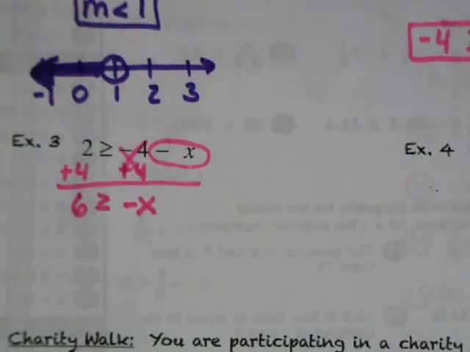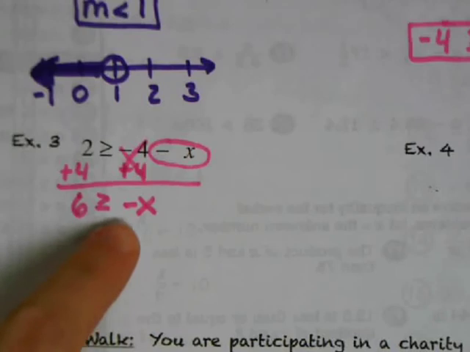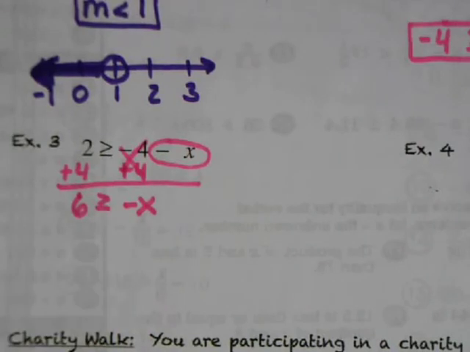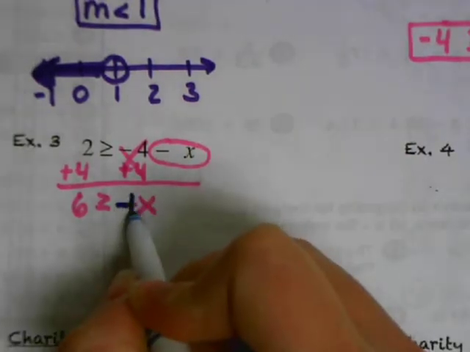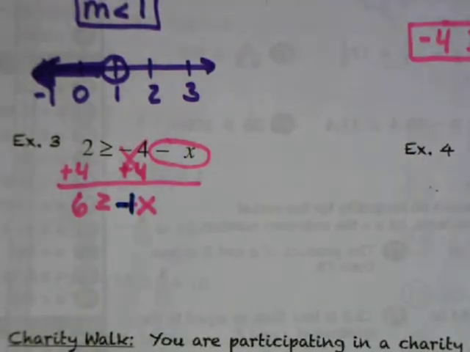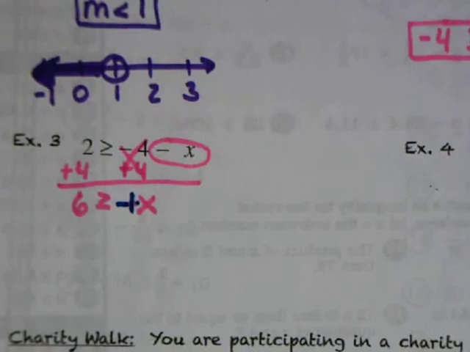Now at this point, okay, you've got to think about that negative x as how many x's is it? It's really negative 1x, right? Negative 1x. So isn't that negative 1 times x? How do we get rid of negative 1 times x?